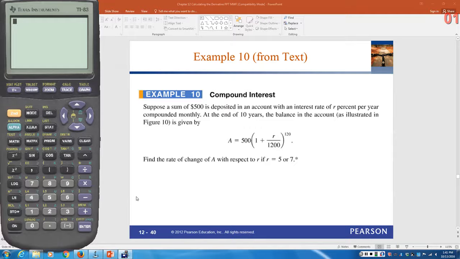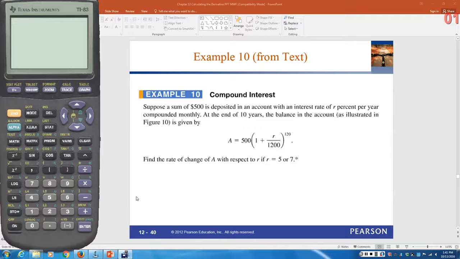Okay, let's talk about compound interest. Suppose a sum of $500 is deposited in an account with an interest rate of R% per year, compounded monthly.